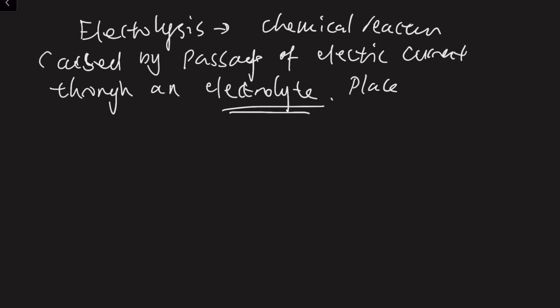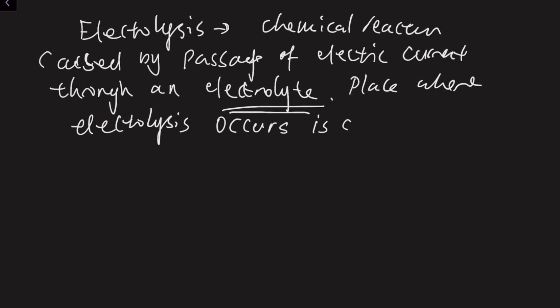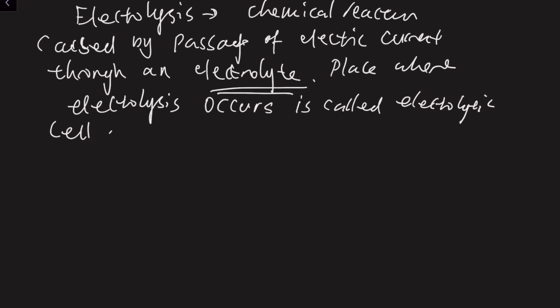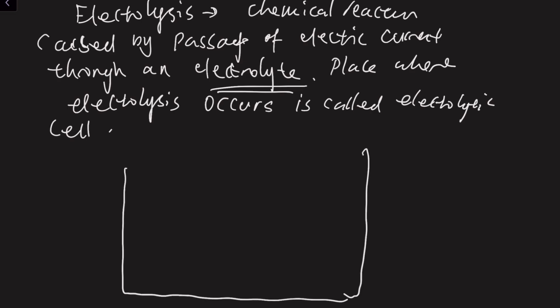The place where electrolysis occurs is called an electrolytic cell. So what does an electrolytic cell look like?